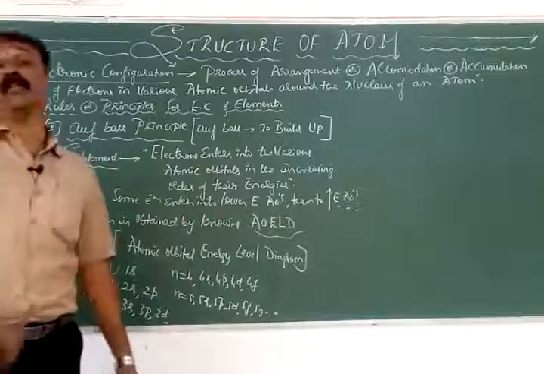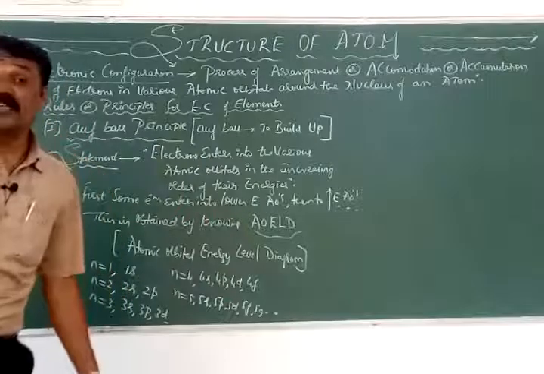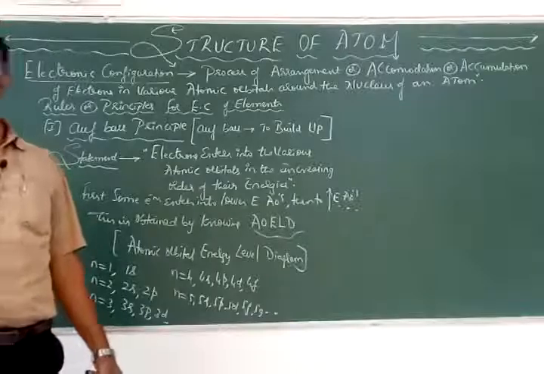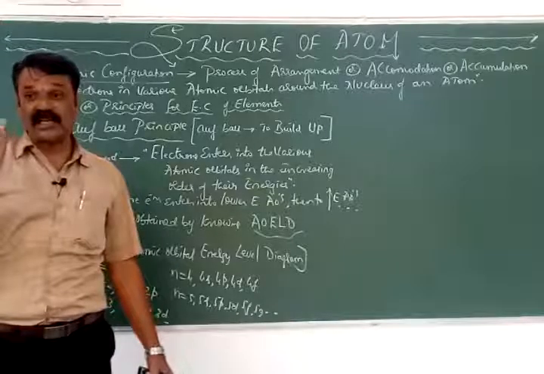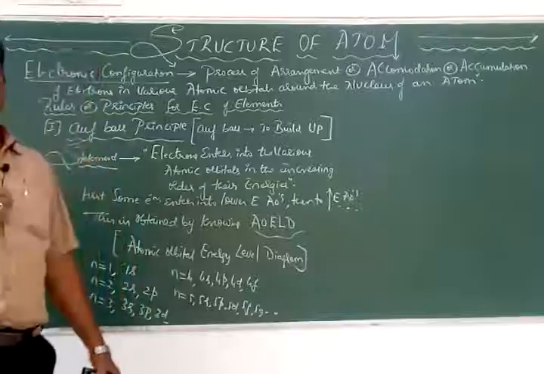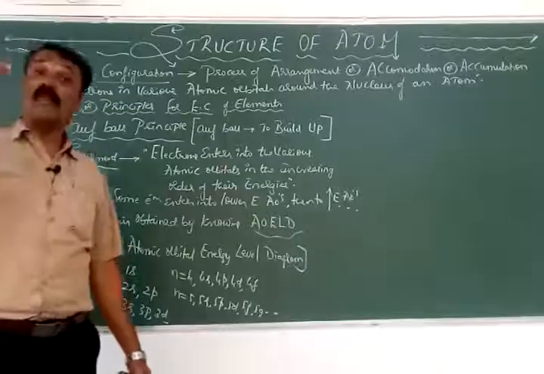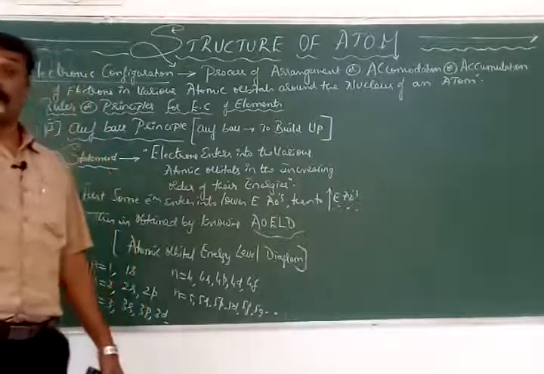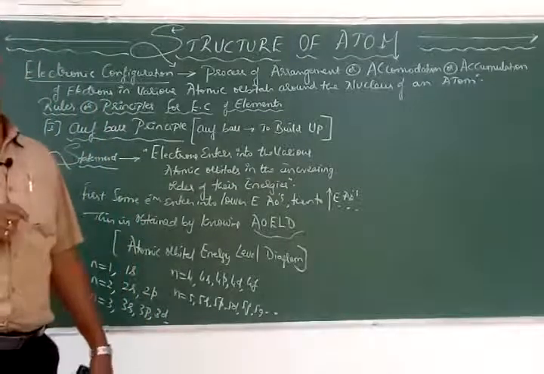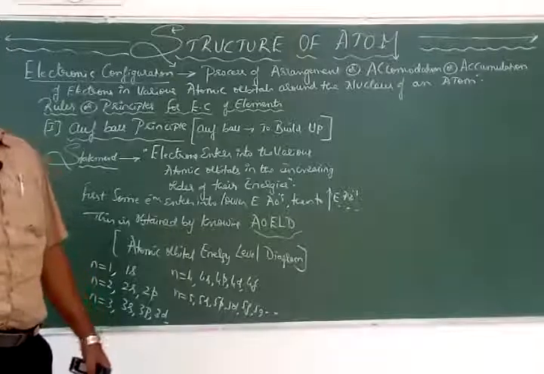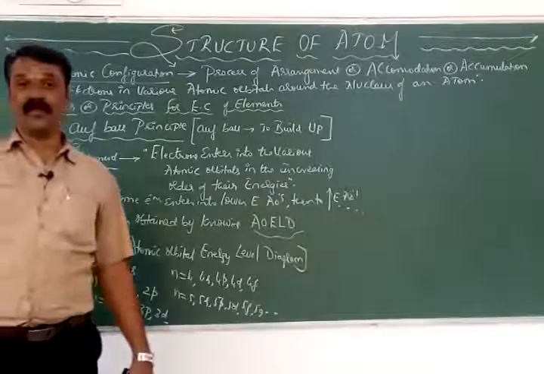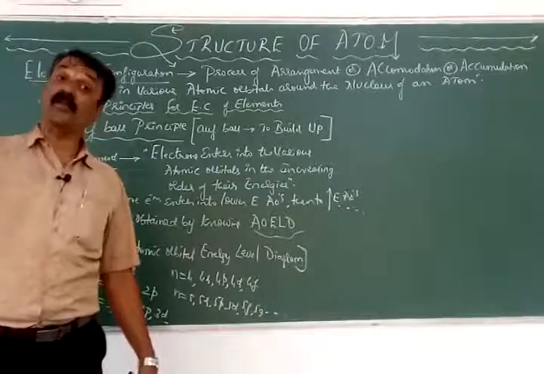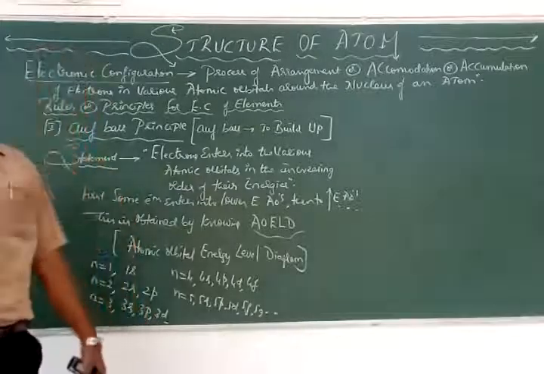I have mentioned one formula for that. If n is the principal quantum number, then the number of main shells or orbits is also equal to n. The number of subshells is also equal to n. The number of orbitals is given by n square, and the number of electrons is given by 2n square. n is the number of main shells, n is the number of subshells, n square is the number of orbitals, and 2n square is the number of which one?